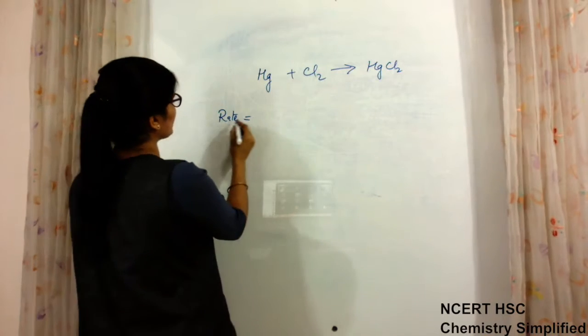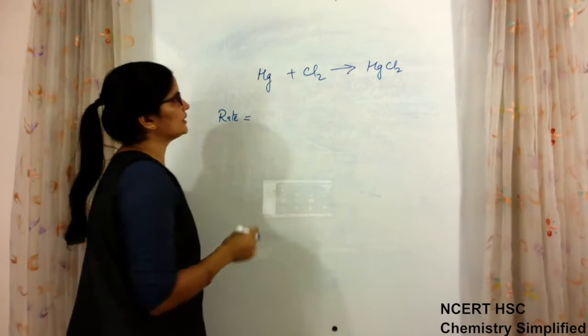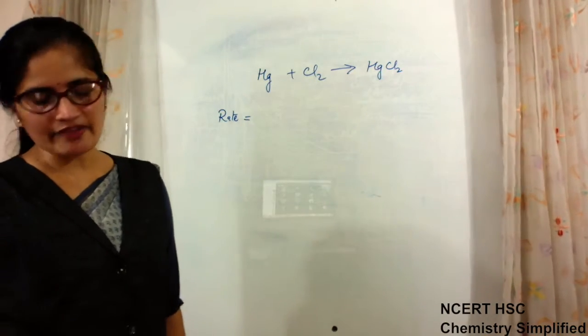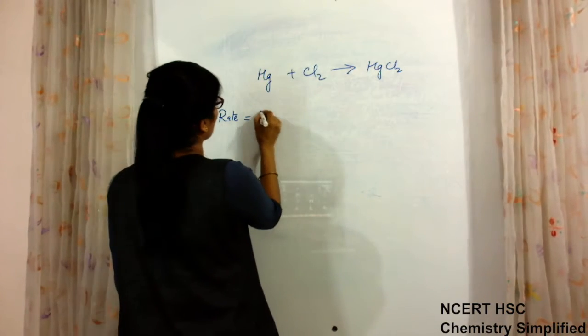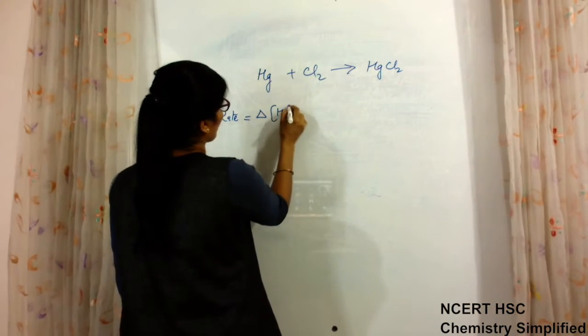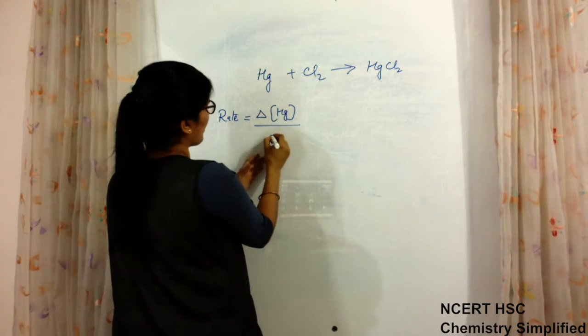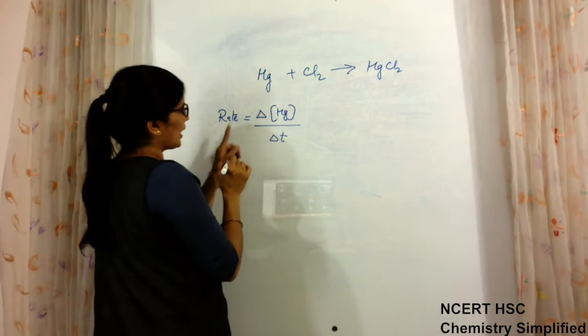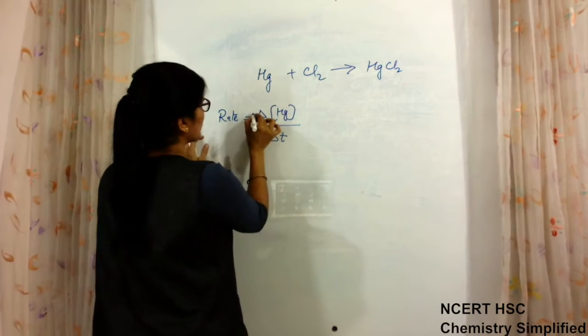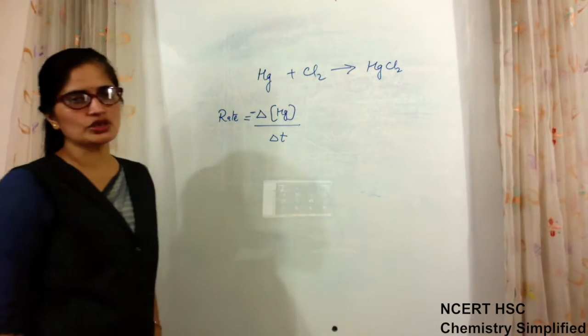So I can write the rate of reaction, and if I have to write the average rate of reaction, then I can write change in concentration of Hg upon change in time, and because it is reactant, this is the rate of disappearance of reactant.